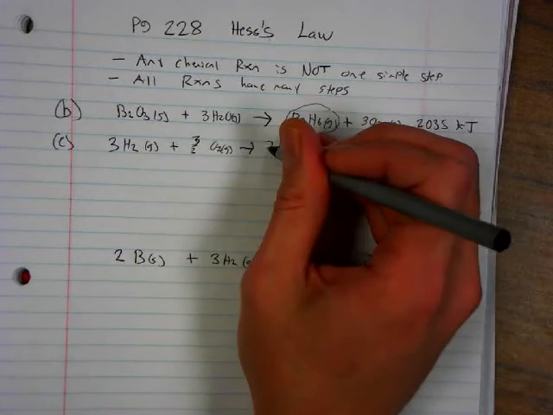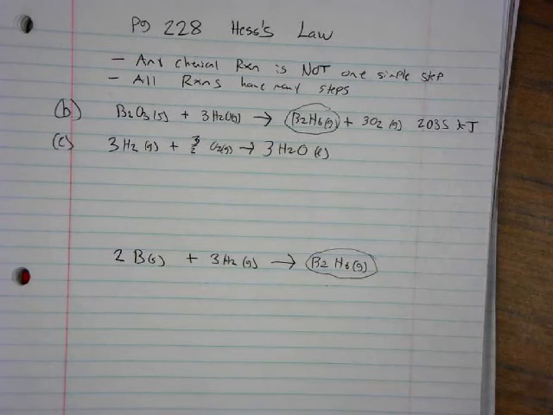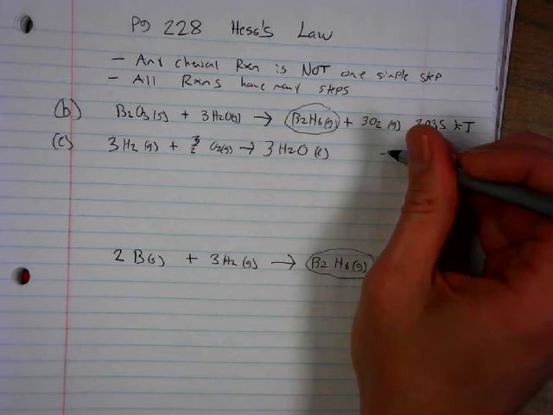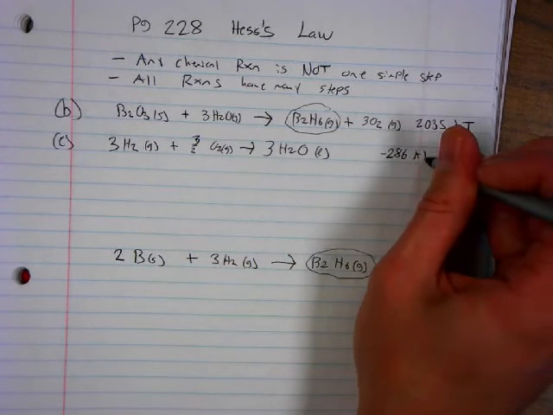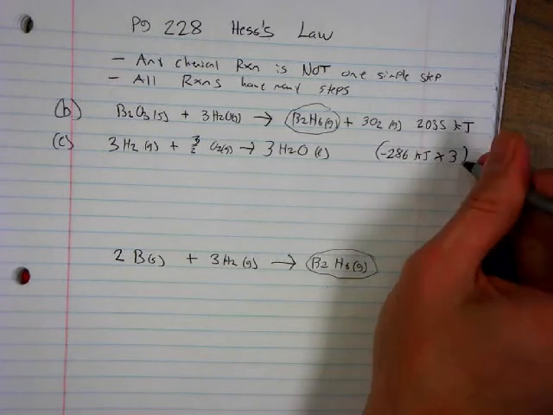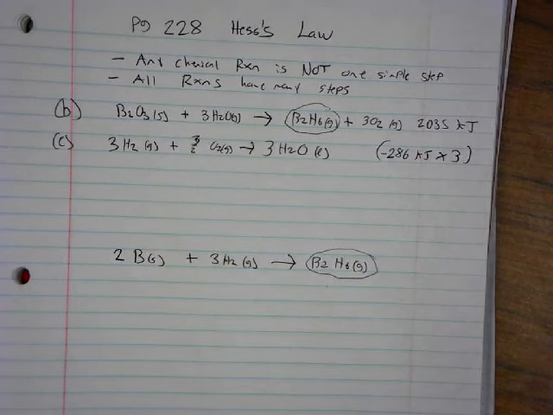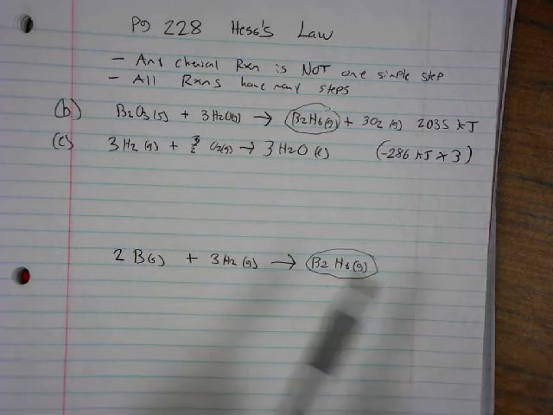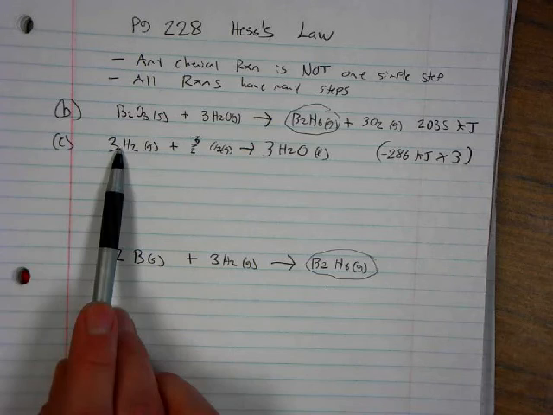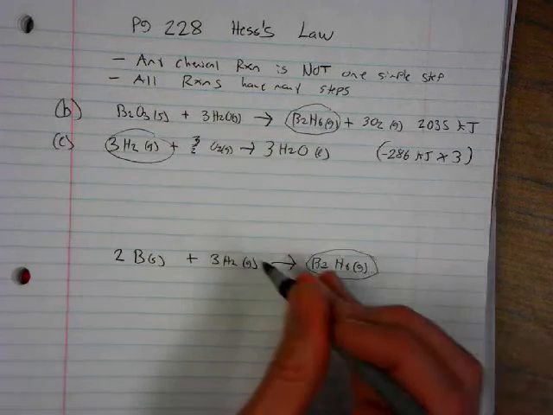But how many of these H2s do I need? 3. So guess what I have to do to everything in this equation? I'm going to do a 3 here. That becomes 3H2. This becomes 3/2 O2 and 3H2O. Guess what that does to the kilojoules associated with it? Times 3. So I have negative 286 kilojoules times 3.